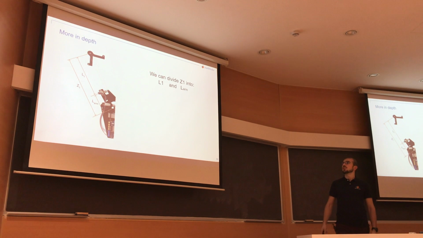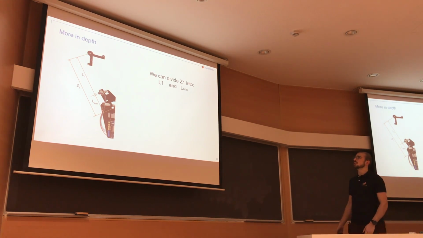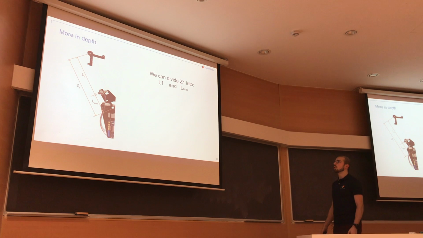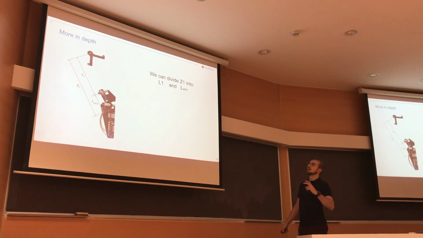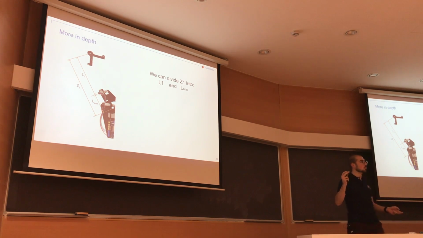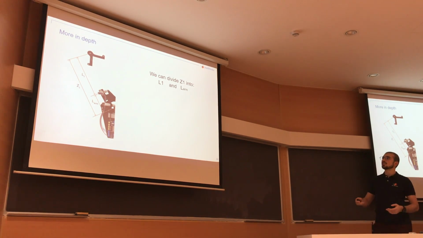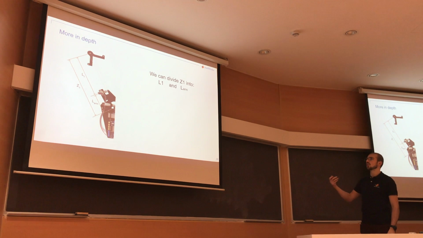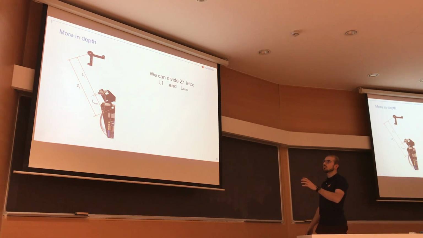First, we need to define what Z1 is, because Z1 is composed of two main parts. The part L1 is the cable attached to the motor, that can change during the movement of the rover.